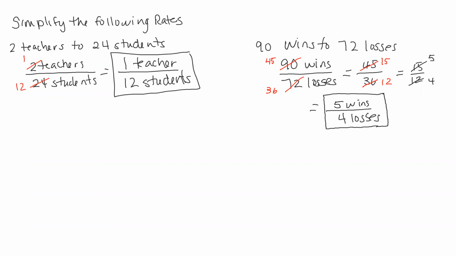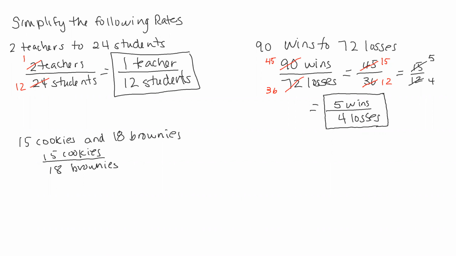Let's look at another example. Let's say we have a bake sale and we've decided to make 15 cookies and 18 brownies. So we would start with 15 cookies over 18 brownies.